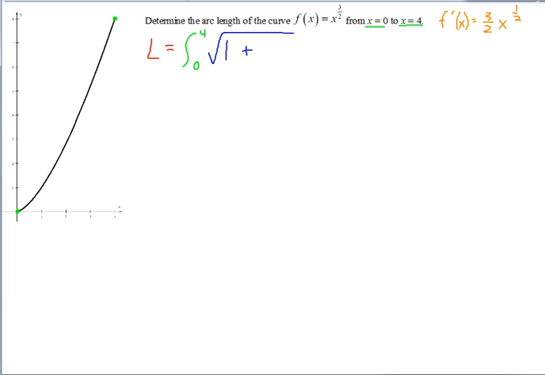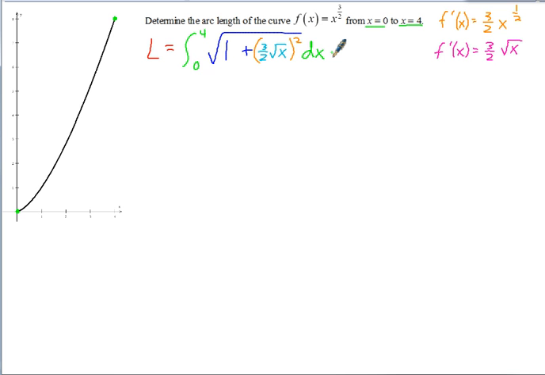Another way of writing that in radical form, x to the 1/2 is the same as the square root of x. So if we put that in here, 3/2 square root of x, but then it's squared, and then times dx. Okay, that would give us our arc length once we work that out.